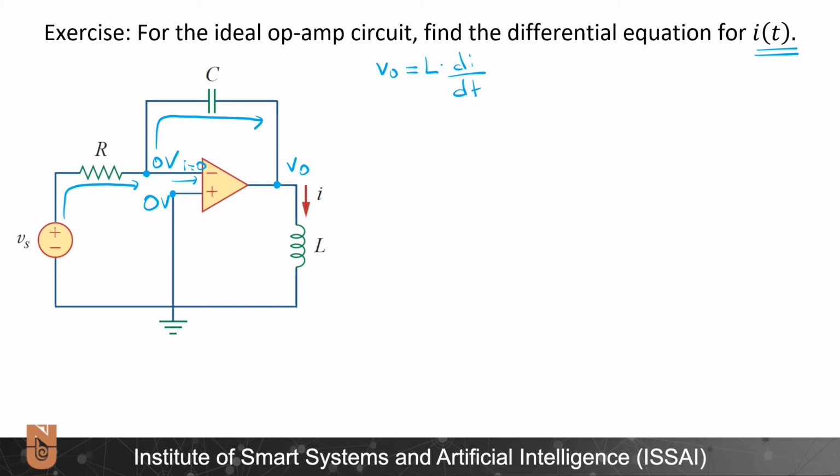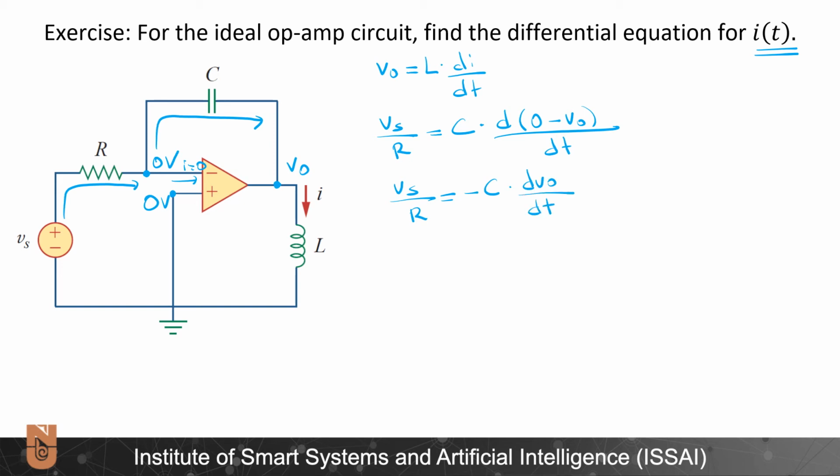And secondly, I can write this equation. Vs over R will be equal to C times the voltage difference, 0 minus Vo, over dt. Accordingly, Vs over R is equal to minus C times dVo over dt.